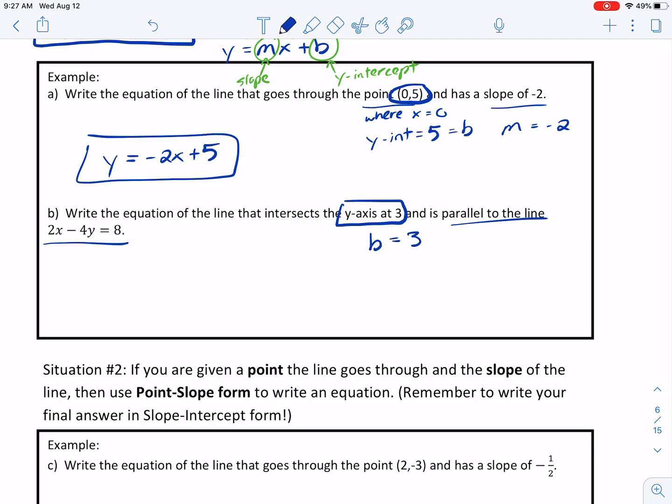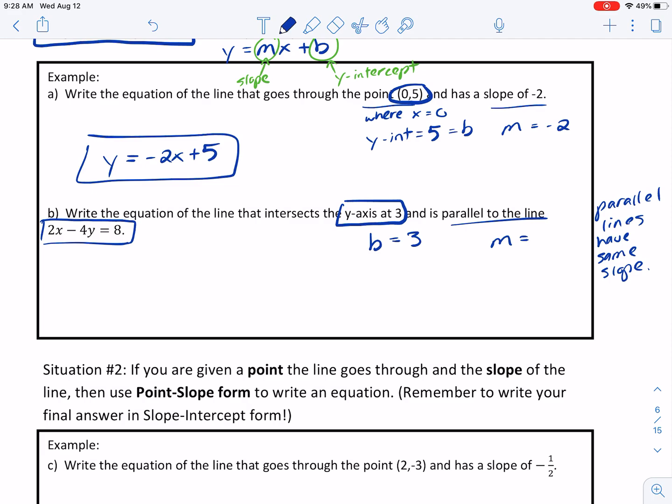We still need to solve for our slope, and we know that parallel lines have the same slope, so we can go ahead and find the slope of this line, 2x minus 4y equals 8. Then we're going to have the slope of the line that's parallel.